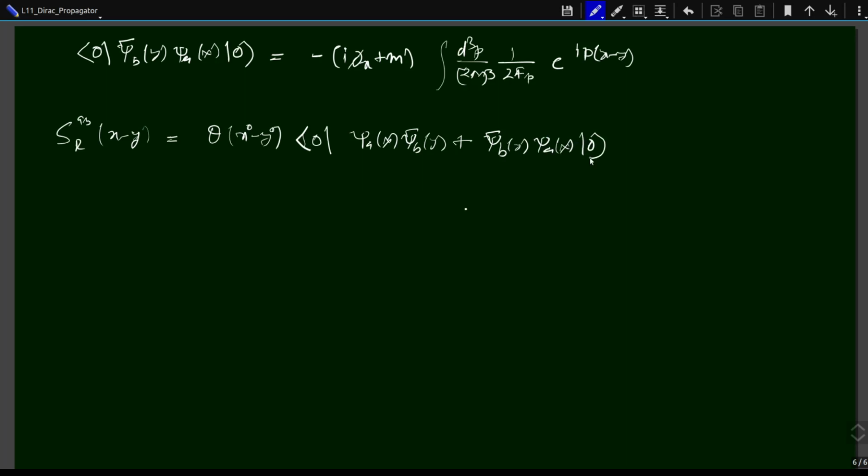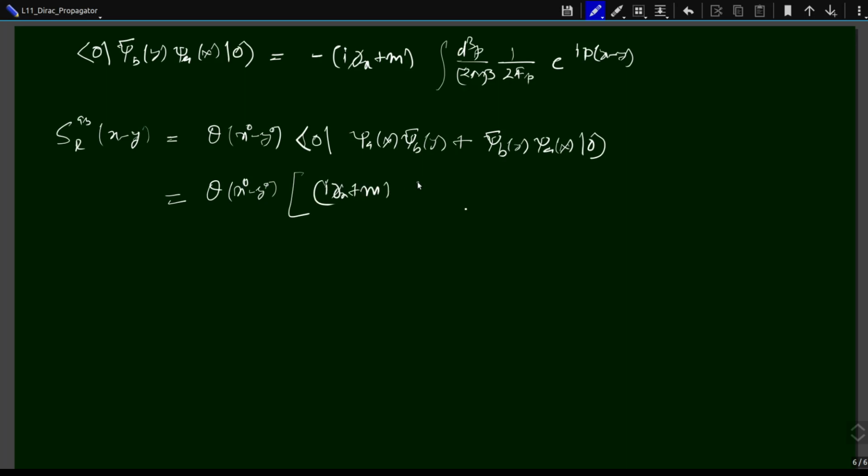This quantity you take in both possible orders when x naught is greater than y naught. And what you get is this theta of x naught minus y naught.